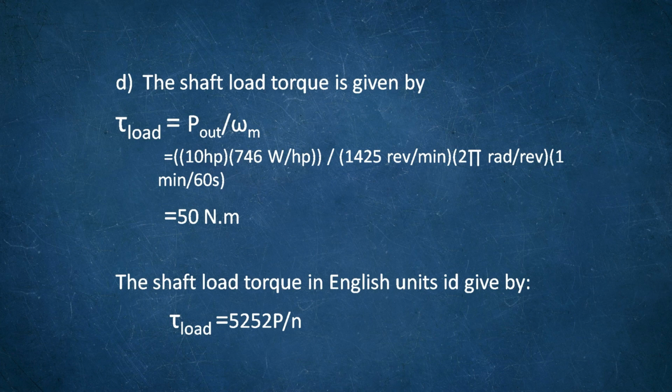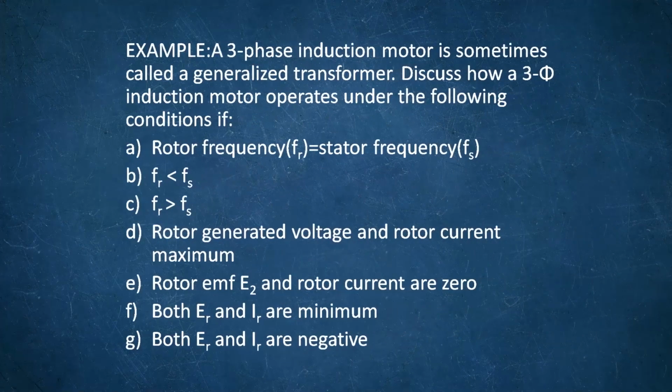So, this problem is giving a clear idea about synchronous speed, speed of the rotor, speed of the motor, and the torque of the motor. So speed of the motor is always less than the synchronous speed. Move to the next problem.